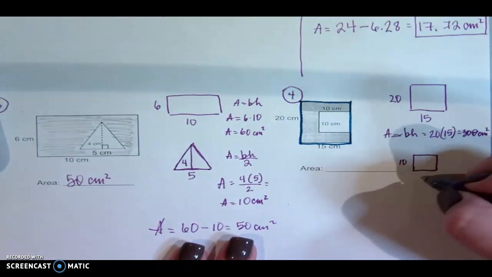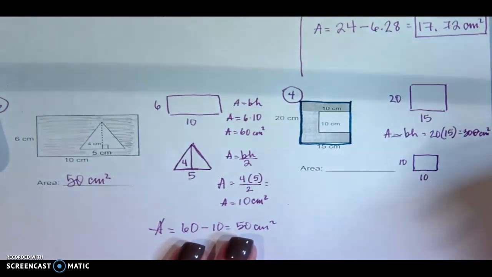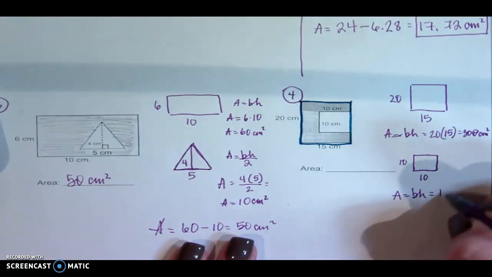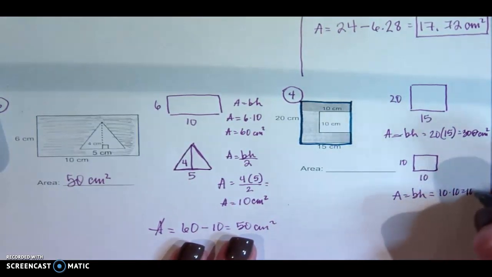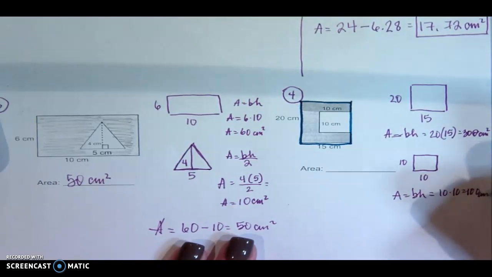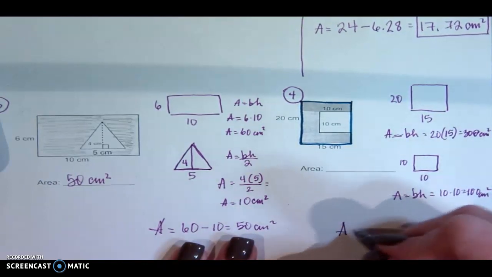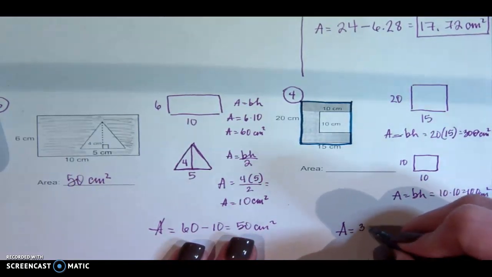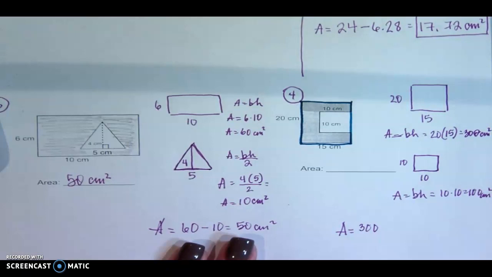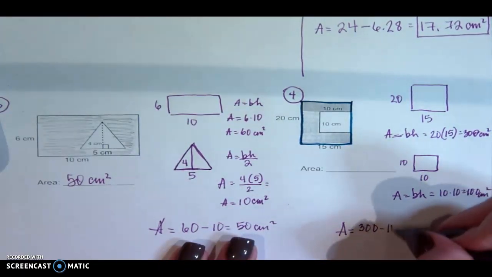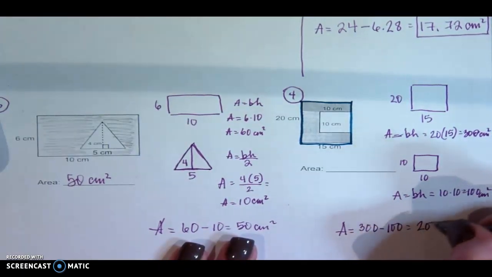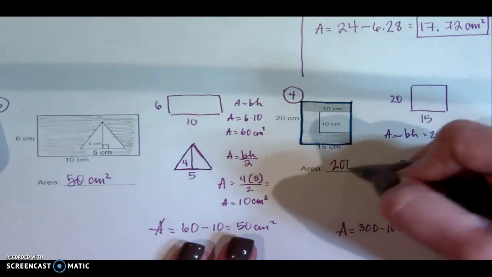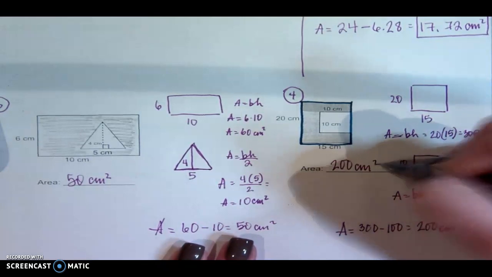So this is actually a square that was cut out of our rectangle. 10 times 10 is 100 square centimeters. And final step is a subtraction because the shape has been reduced. And that gives us the total of 200 square centimeters.